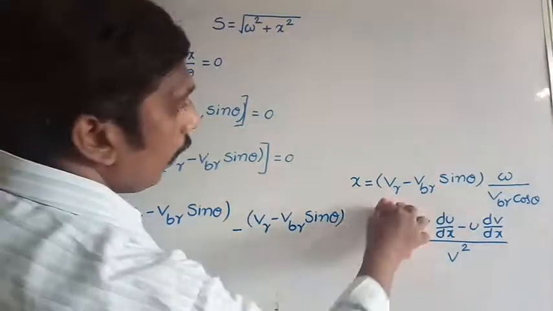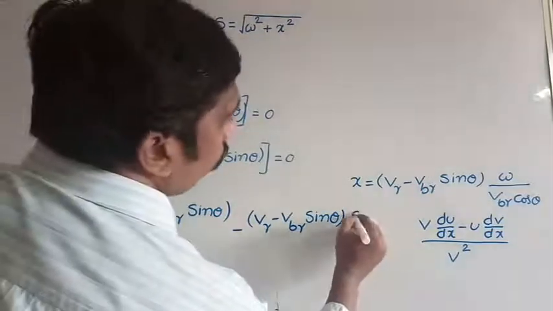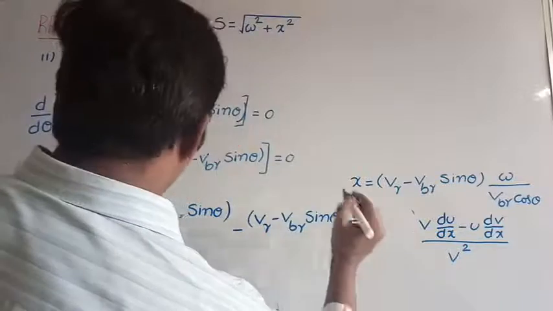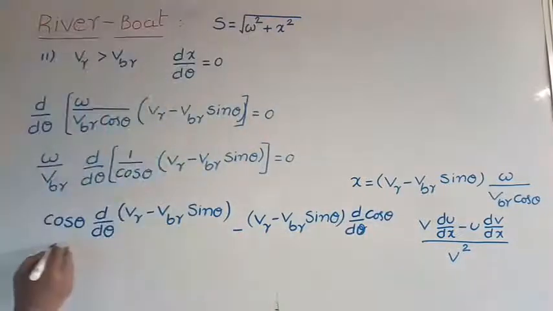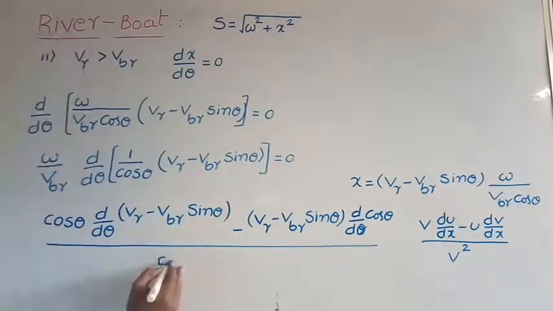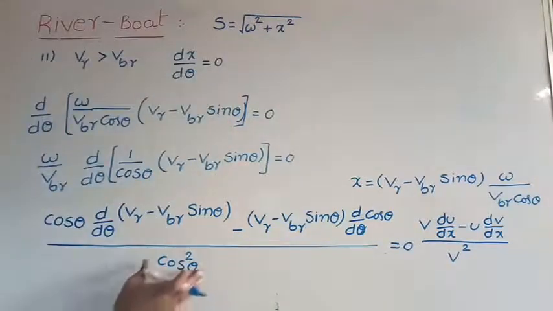Now here v is equal to cos theta, so d by d theta of cos theta, whole divided by v square. v square is cos square theta, equal to 0. This cos square theta sent to the other side becomes 0.